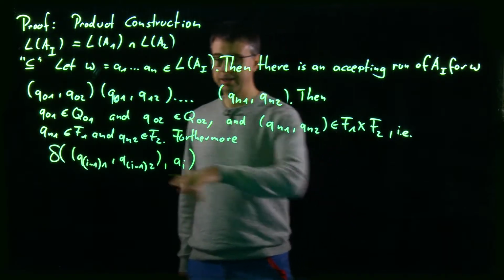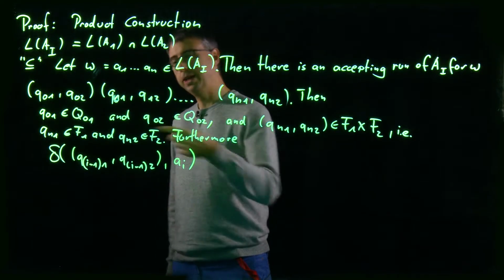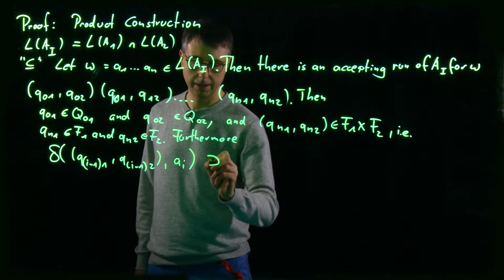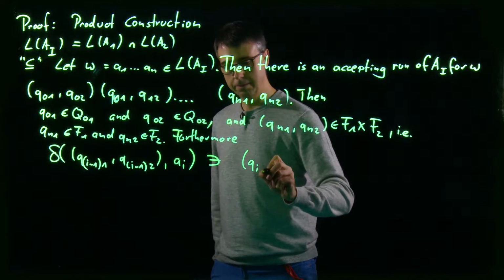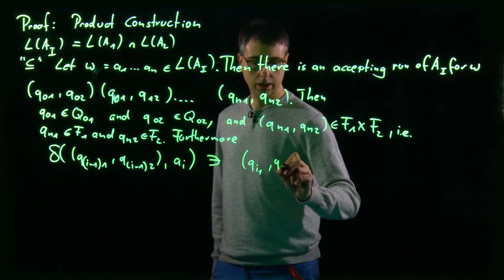Then starting from this state, the following state here in the run should be reachable by the transition relation. So the resulting state is (q_i1, q_i2).